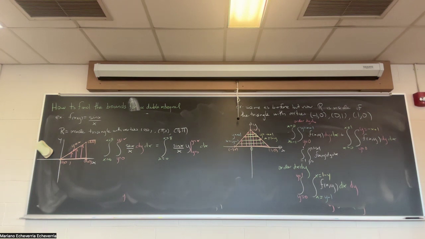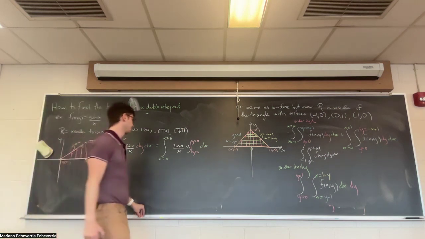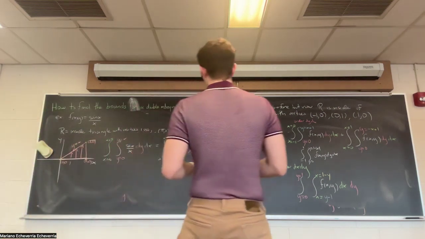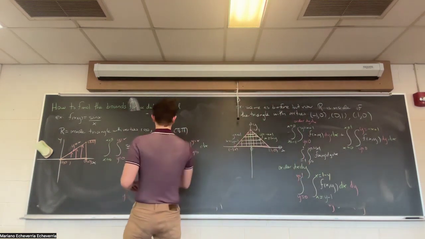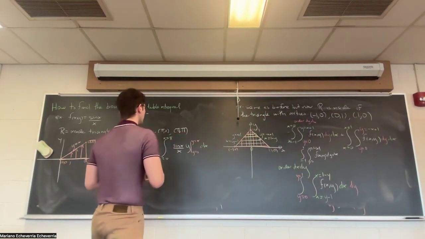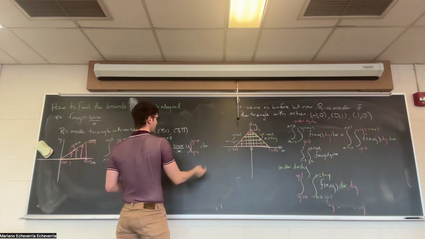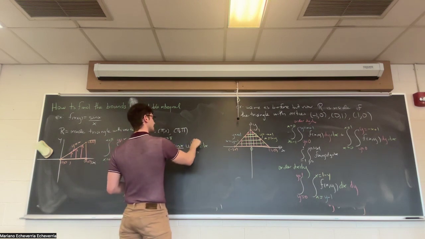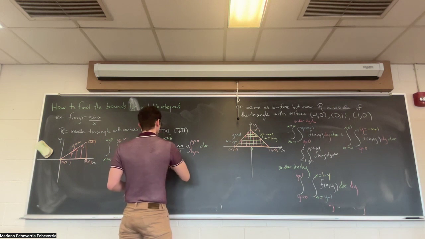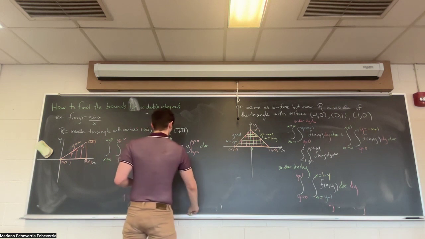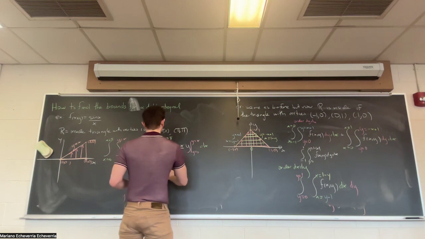And so what does that give you? Again, for y equals 0, you don't have to worry about anything. And once you plug in y equals x, that x will cancel this x. You're just really integrating sine of x dx from x equals 0 to x equals pi.